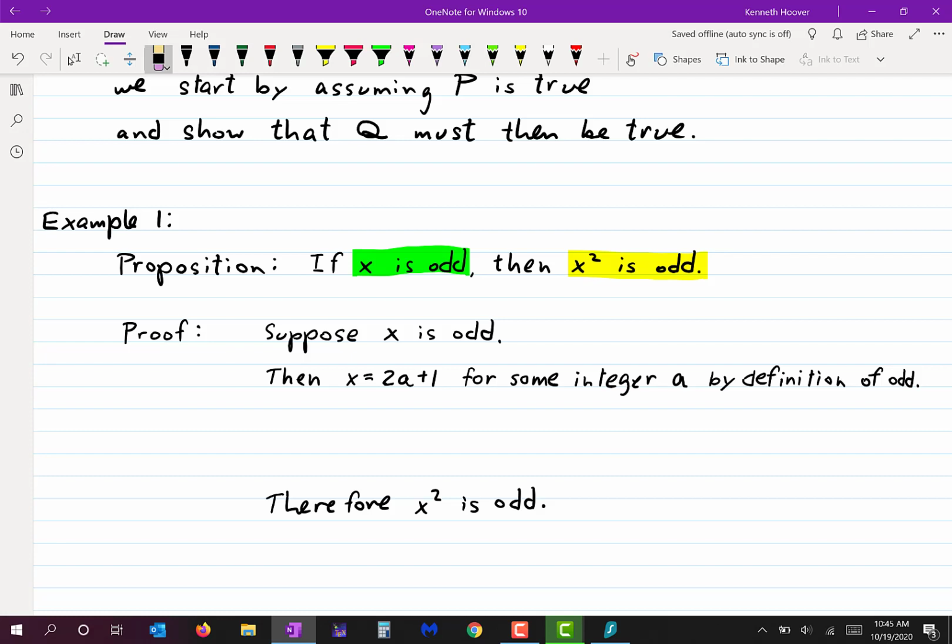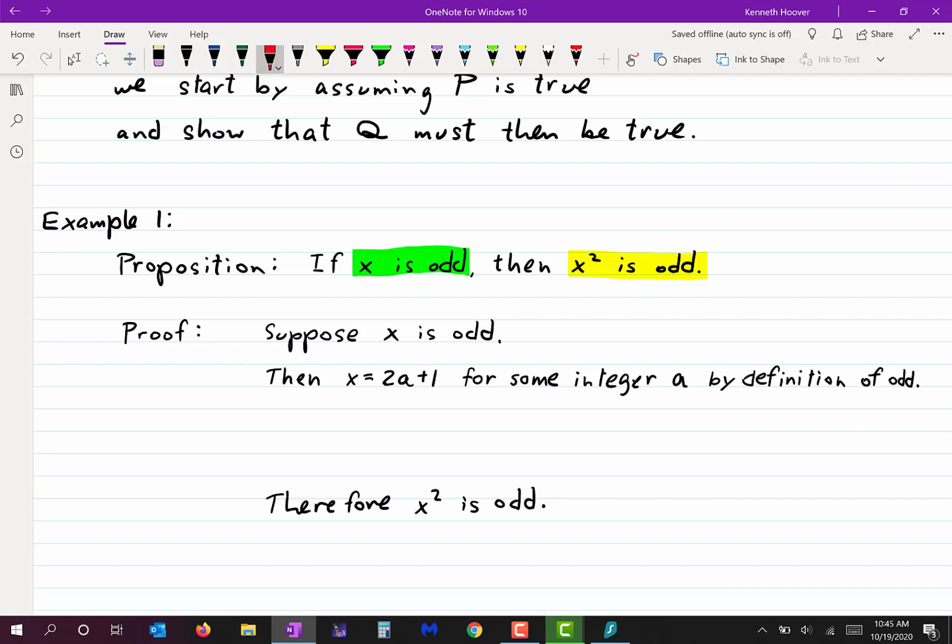So x squared cannot also equal 2a plus 1, or else in that case x squared would be equaling x, which means that x is 0. And I have nothing here saying that x is 0, right? It's an odd number. By the way, 0 is not odd, so I would have a pretty big problem then. Okay, so it's important to understand that.